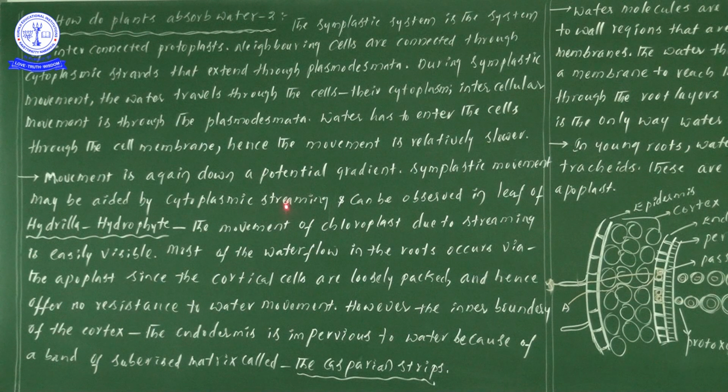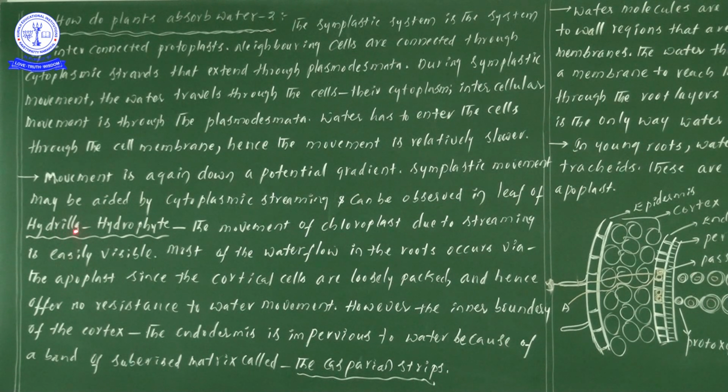I will show you a diagram or a video of cytoplasmic streaming; remind me, and we will see that video in our smart class. But now, cytoplasmic streaming is mainly involved in symplastic movement, and it can be observed in the leaf of Hydrilla.